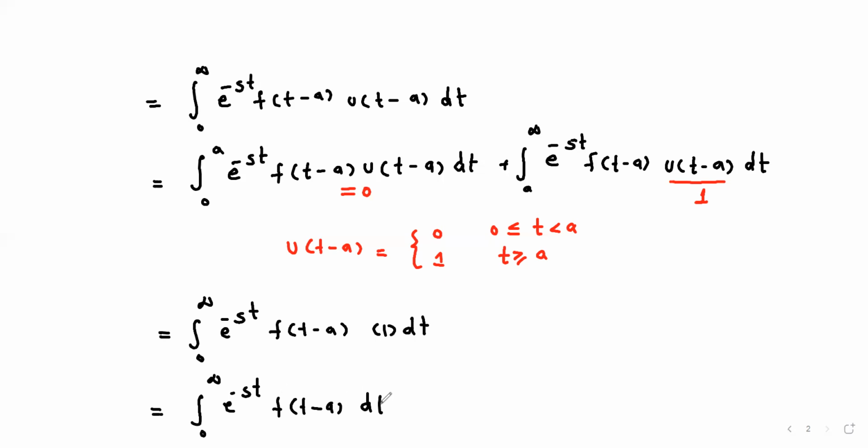Okay, students, now we will use here a substitution. Let I call v is equal to t minus a, and dv is equal to dt.